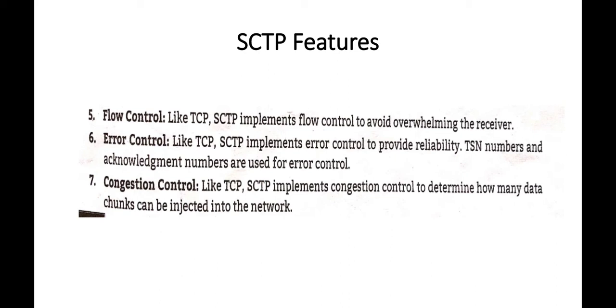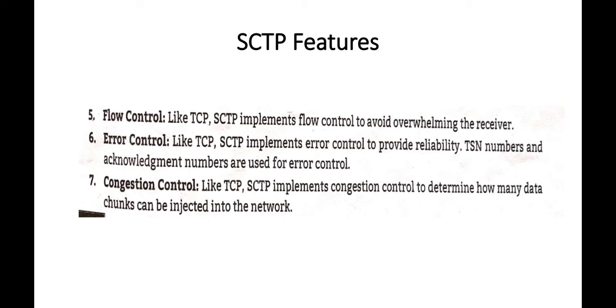If the load is greater than the capacity of the network, then congestion occurs. Similarly, if the number of data chunks is greater than the capacity of the network, then congestion also occurs. So whichever chunk is discarded or lost, only that chunk is retransmitted.